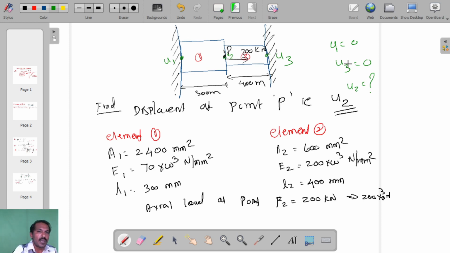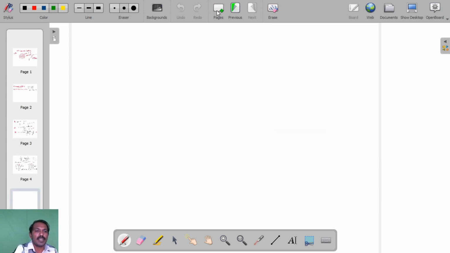Next, can I solve for u2? The general FEA formula is: force vector F equals stiffness matrix K times displacement vector U. Already we said it is a one-dimensional problem.